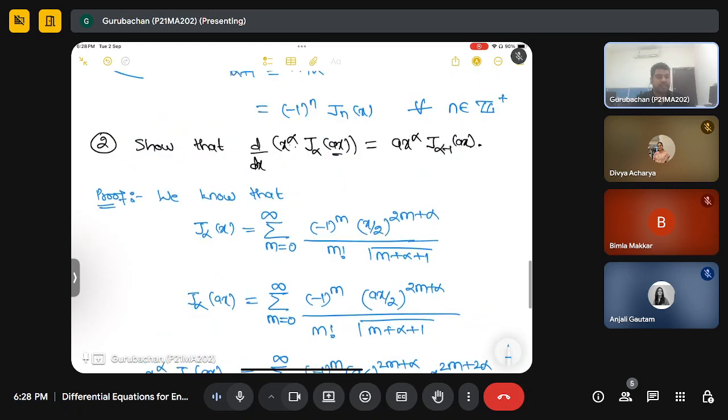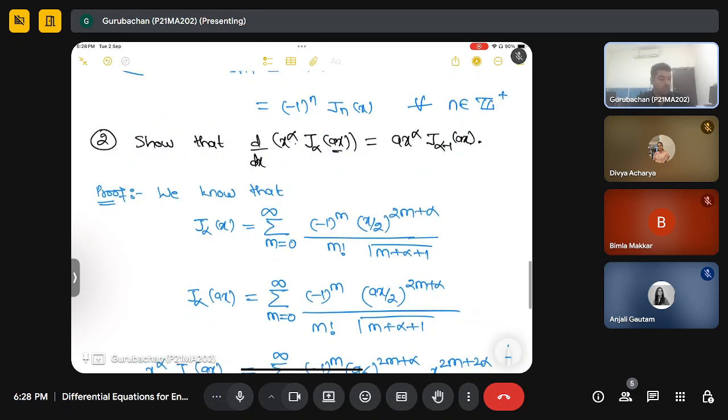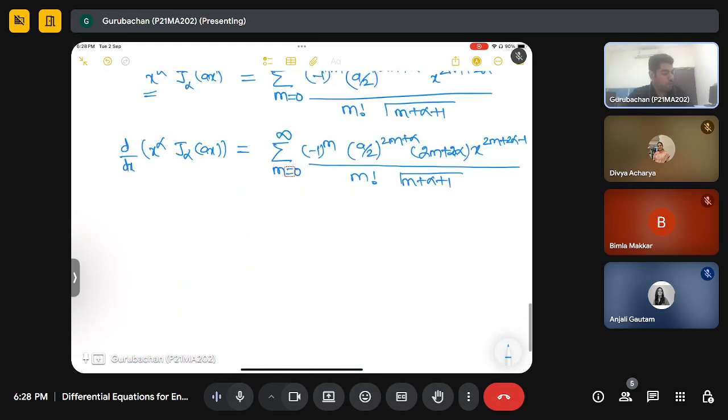Now we want to relate this with alpha minus 1. So what we will do, we will take out a, since we want a outside, and next we take out x to the power alpha, we want it outside, and we write the rest of the expression and try to rearrange it in some manner so that we can get our required property.